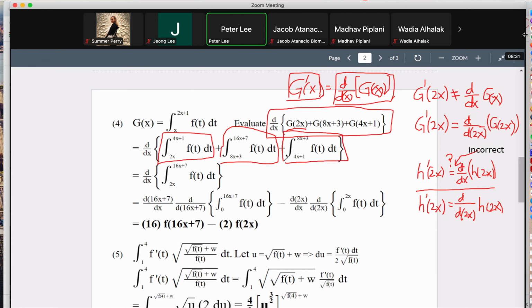The first thing you can notice, look at this guy. You see this 8x plus 3 and 8x plus 3 right here. And do you see that 4x plus 1 right here is this one right here? So the sum of the three intervals becomes this guy right here. And so the question actually becomes this one problem right here.